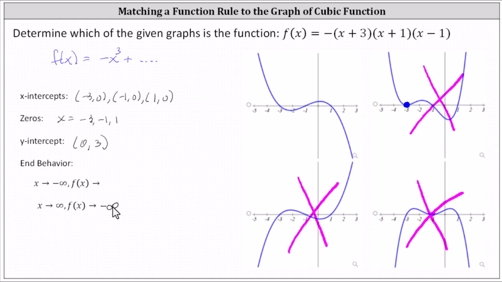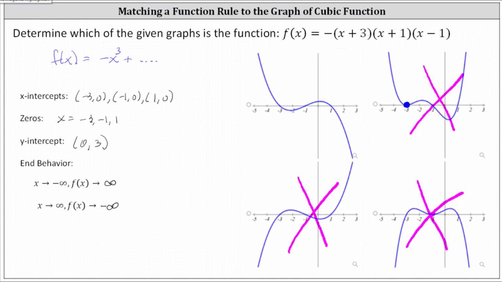And now let's determine what's happening to f of x as x approaches negative infinity. As x approaches negative infinity, the value is being cubed, which is still negative, but then we're taking the opposite of that value, which makes it positive, which indicates as x approaches negative infinity, f of x approaches positive infinity. And now let's analyze the graph that remains.